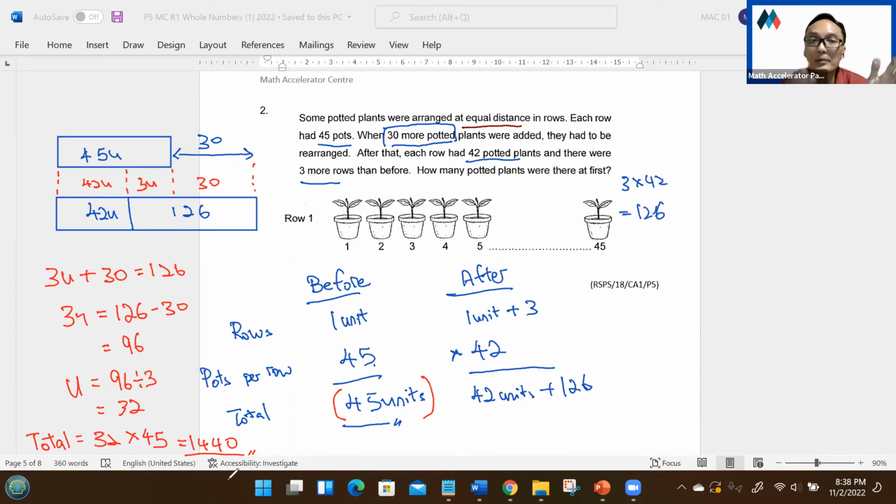Okay, how many of you are able to work out to 1440? Let me know. This is number 2, right? Can you type for me, me too? Okay, right. Can I give you 20 seconds? You copy out everything, then you type done, then we can proceed to question 3.